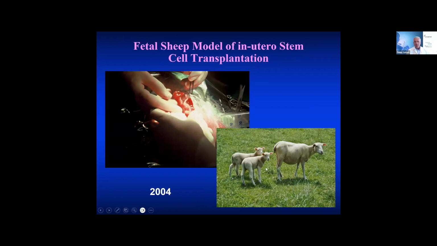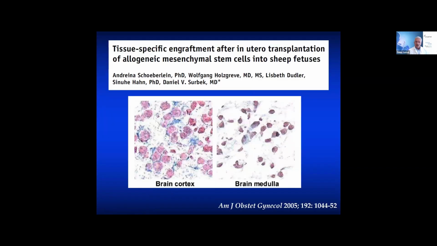Then we let them be born, and then we analyzed in the end the function, but also the tissue of these newborn lambs. And this is the main finding we had regarding our project on neurogeneration.